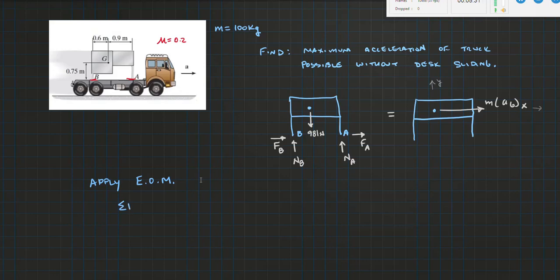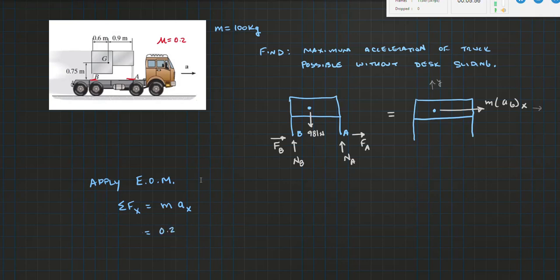Let's sum forces in the x direction. That equals mass times acceleration in the x direction. Summing forces in the x direction, we have 2 friction forces.